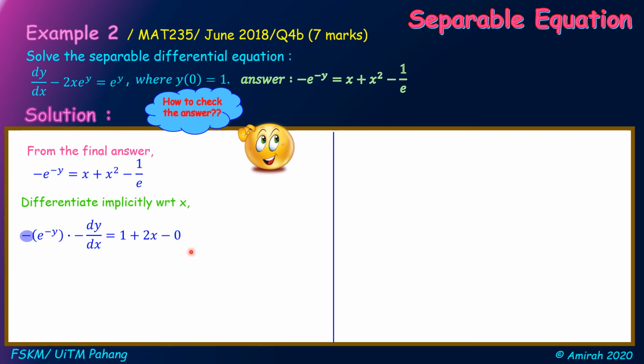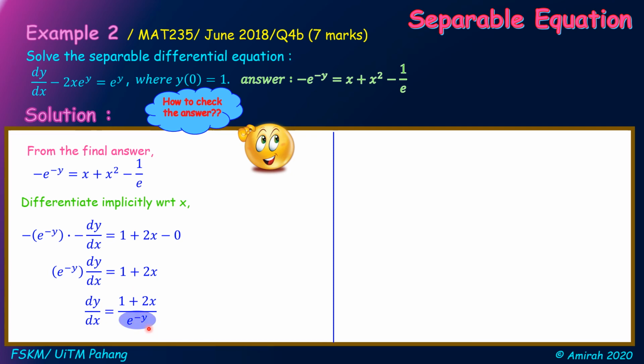After that, we can multiply negative times negative, so it becomes a positive sign. e to the power of negative y, dy over dx, equals 1 plus 2x. Then we can move e to the power of negative y to the right hand side. This is a multiplication operation, so when we move it to the right hand side, we have dy over dx equals 1 plus 2x over e to the power of negative y.